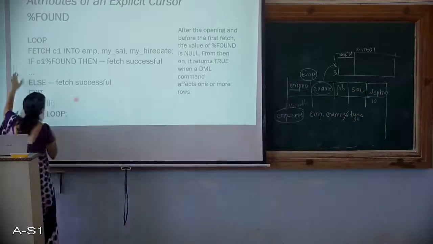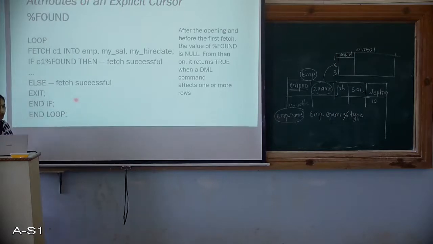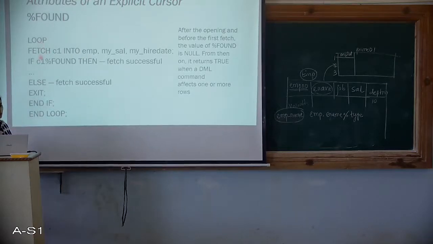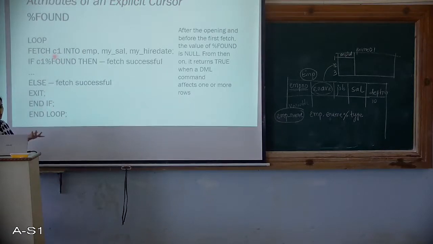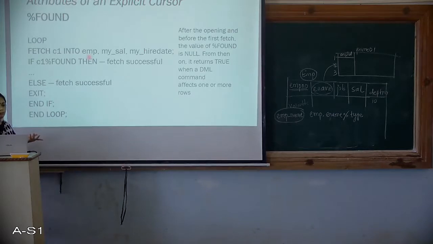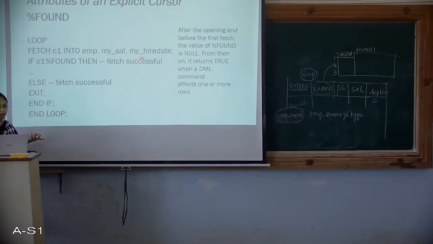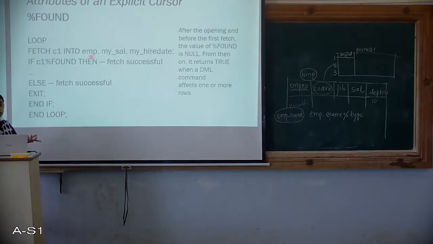You can simply have a loop for it and fetch tuple by tuple, or row by row. So it says loop, fetch C1 into, where C1 is obviously the name of the cursor. Into what? Variables.